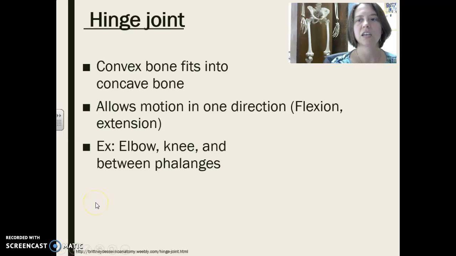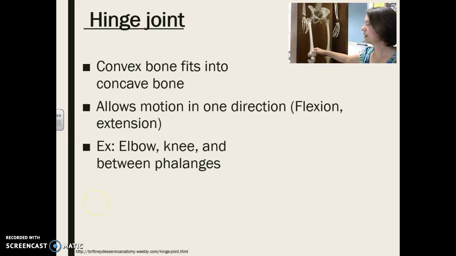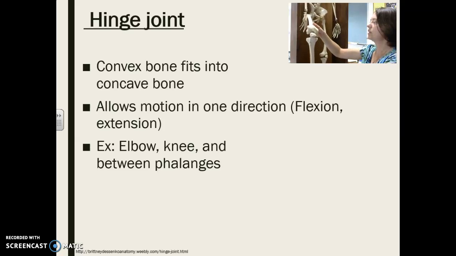Another example is the knee joint, which allows extension and flexion. That is where you have a convex bone fitting into a concave bone.